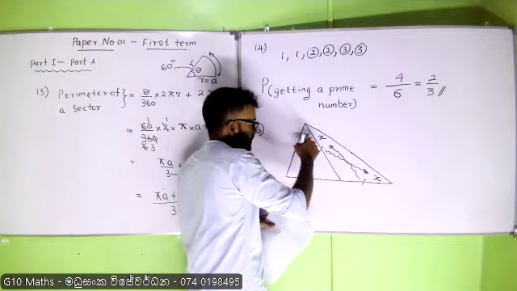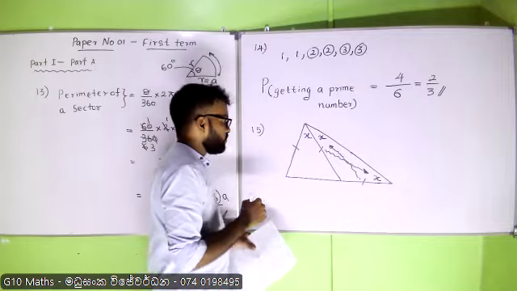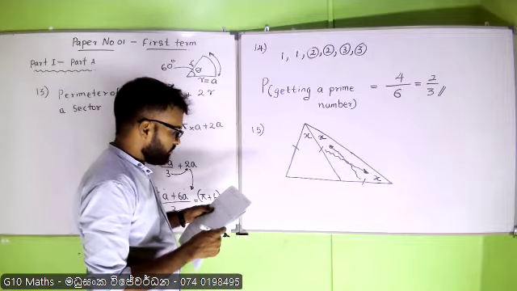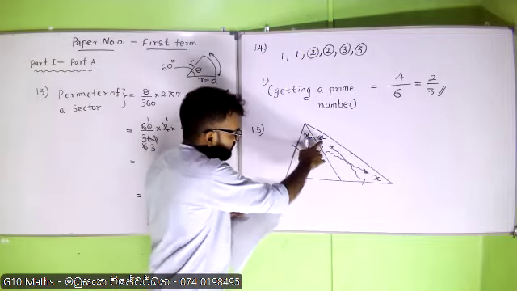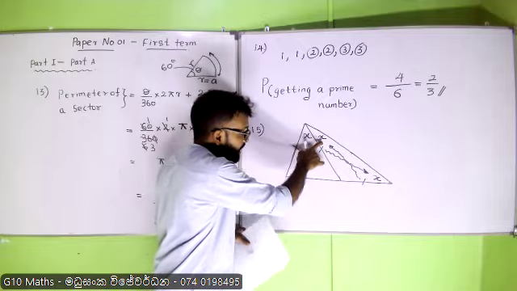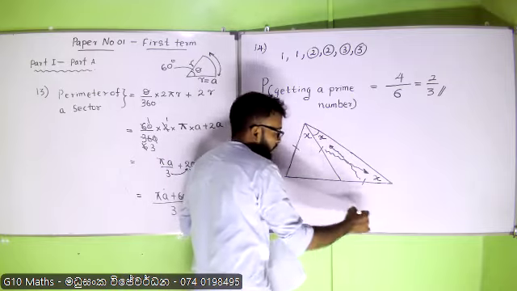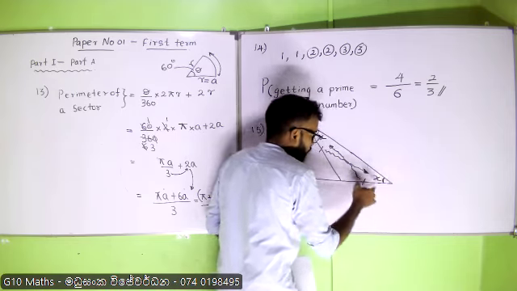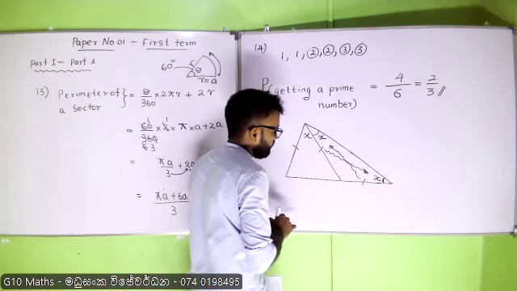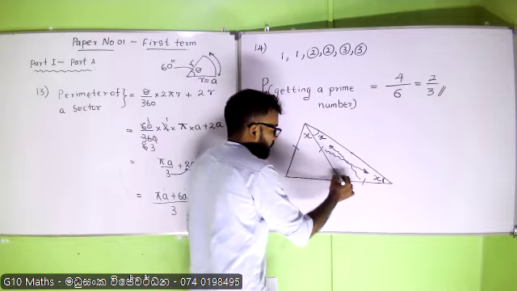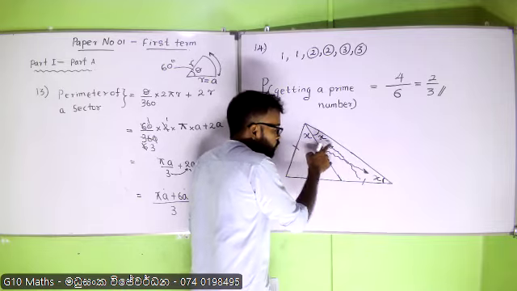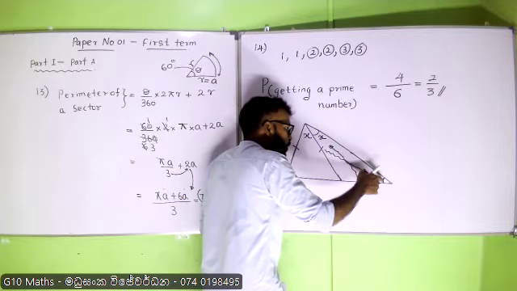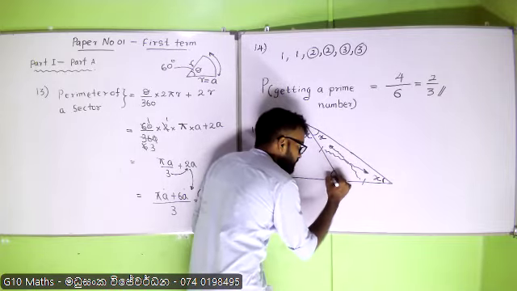now this is 2x, right? Also, if you get this angle, by using the isosceles triangle theorem, those two angles become two interior opposite angles for this exterior angle.